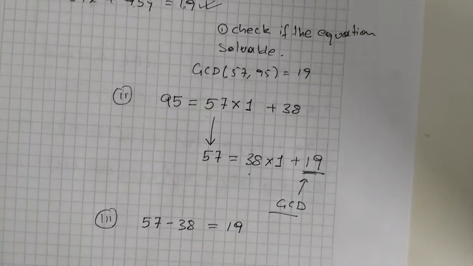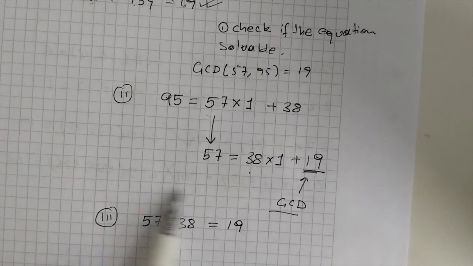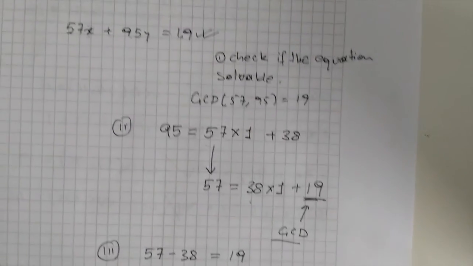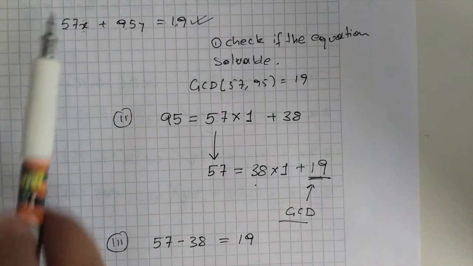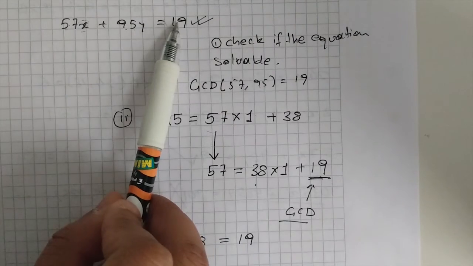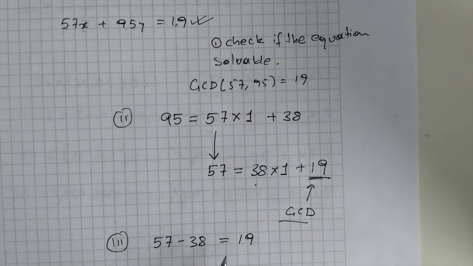Now if you see this step and our problem, there is quite a lot of similarity. We have a 57 here and a 57 there, a 19 here and a 19 there, but the odd one out is 38, where we have 95. So your guess is correct, we have to change this 38 into 95.